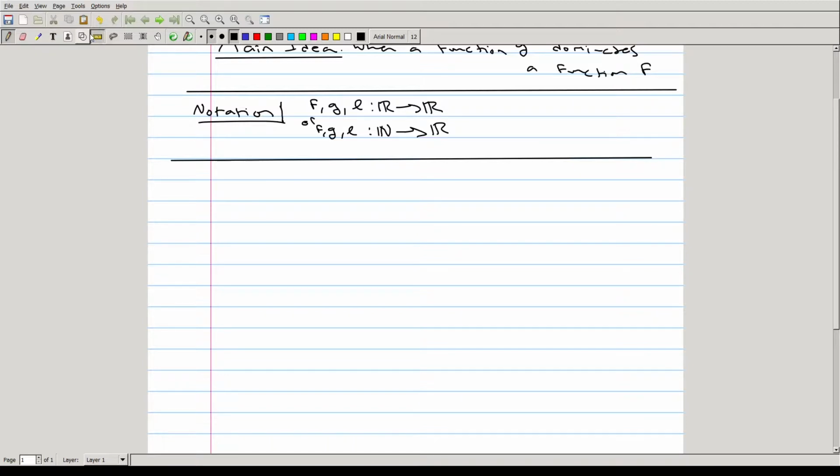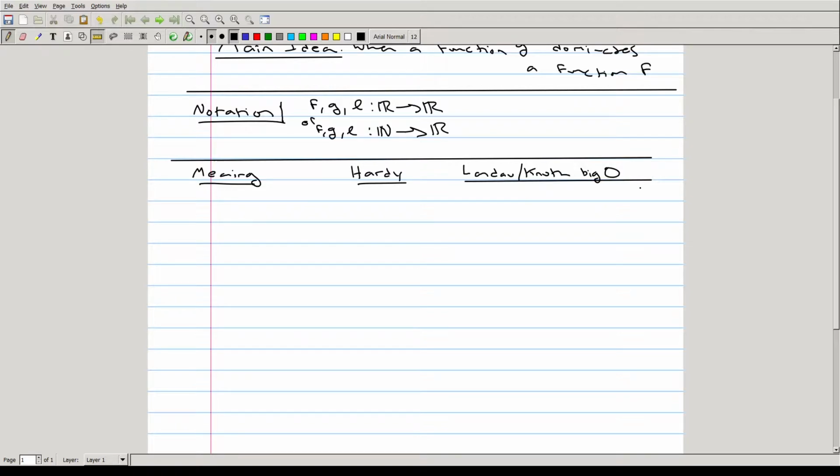And I'm going to make a table here of the meaning: the Hardy notation and the Landau-Knuth big O notation.